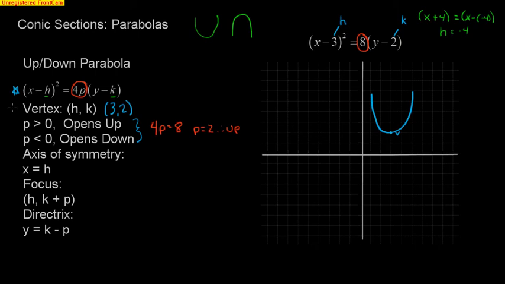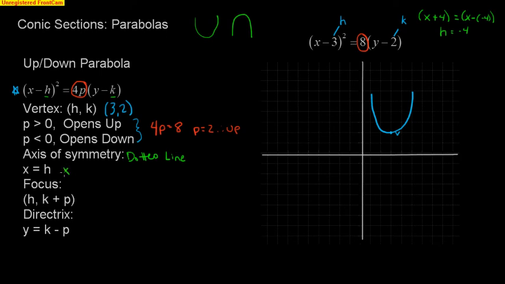Axis of symmetry. This will always be a dotted or dashed line. Okay, so a dotted line, and that's just what you remember from geometry. It's a dotted line that goes right through the center. We have a formula right here of x equals h, and so if we look at the one we did right here, we know that h is 3, so we want the equation.